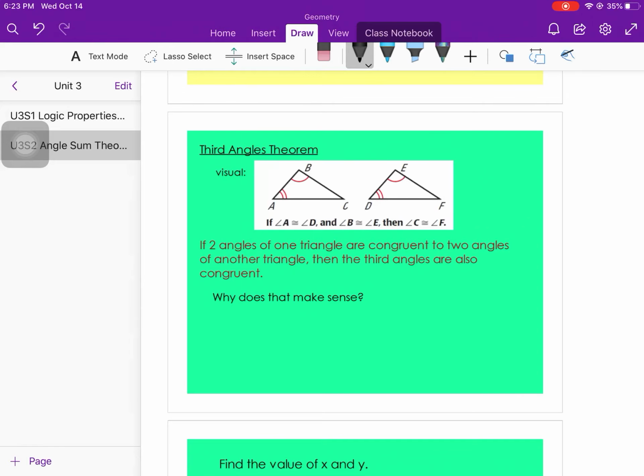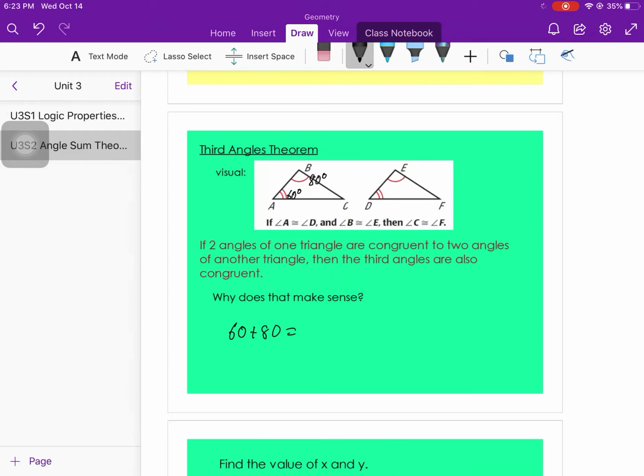So if you think about it, let's say this is 40 degrees, this is 80 degrees. Actually, 40 and 80 is not a great set of numbers here. Let's say this is 60 degrees. This one can be 80 degrees.